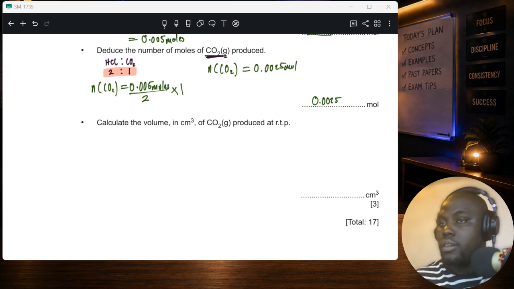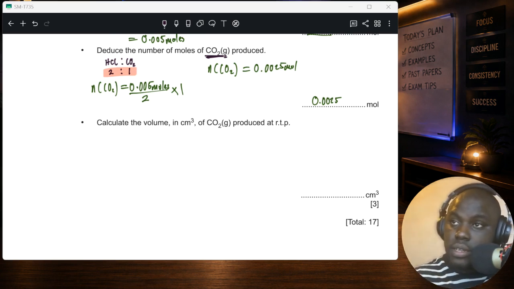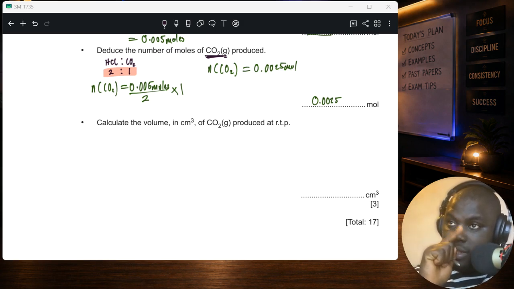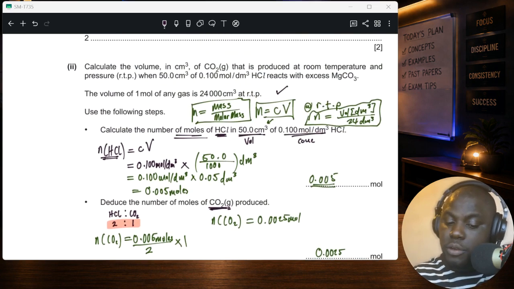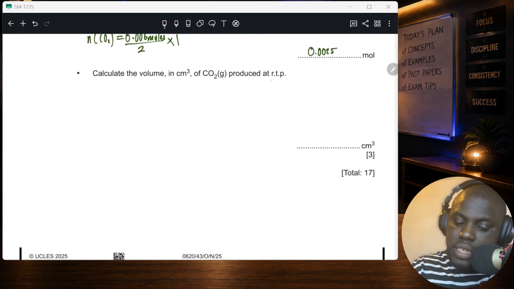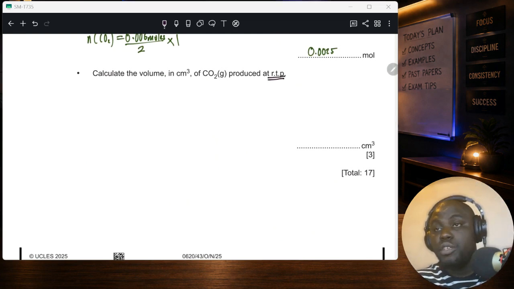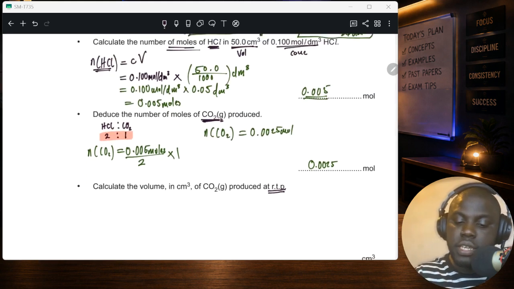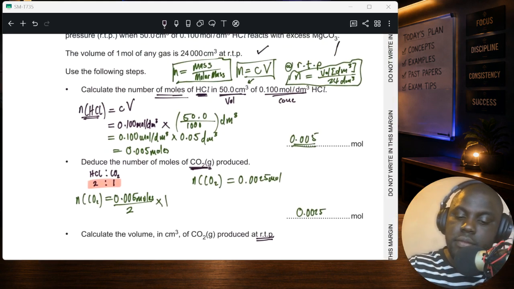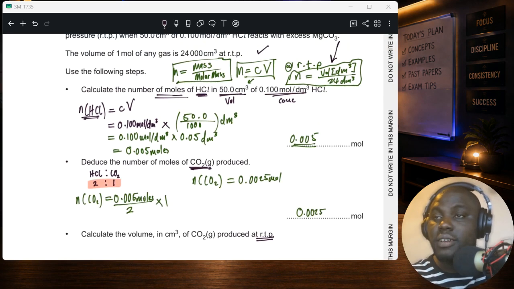So, IGCSE student, use one of those 3 formulas. Be serious. So you go to the 3 formulas. Which one works with this at RTP? It's only this one. So it's not complicated. That's the only one.